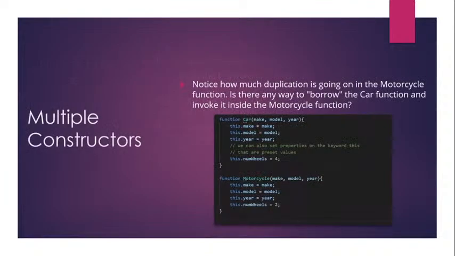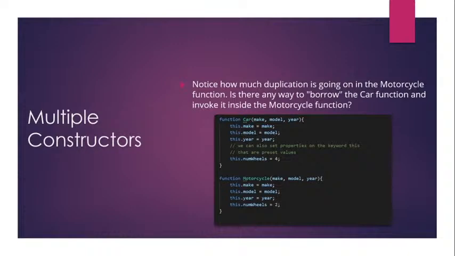But before going that far, let's talk about multiple constructors and how we can use the methods call and apply, which we talked about in explicit binding, so that we can further refactor our code.